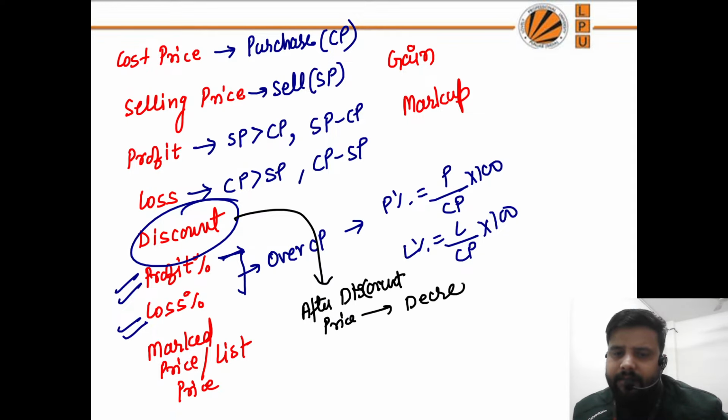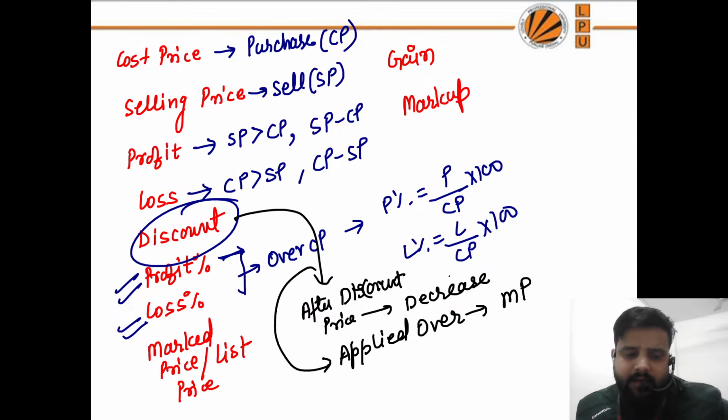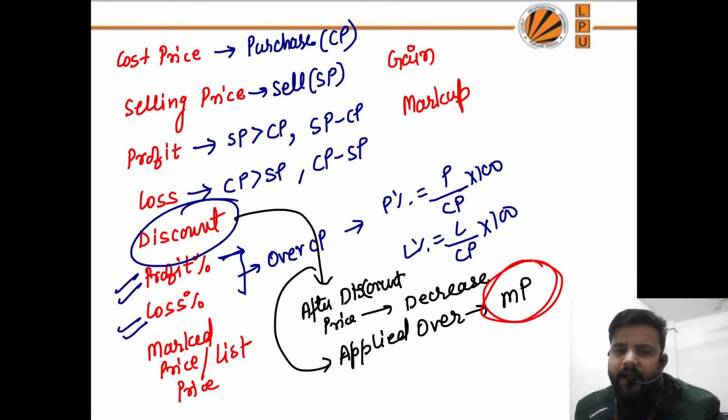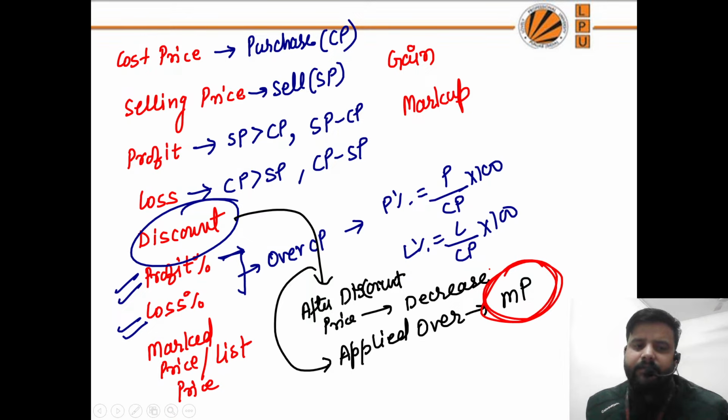Remember it. After applying discount the price decreases, and discount is applied over marked price. Remember it. Discount is applied over marked price. Marked price is whatever is printed on that product.